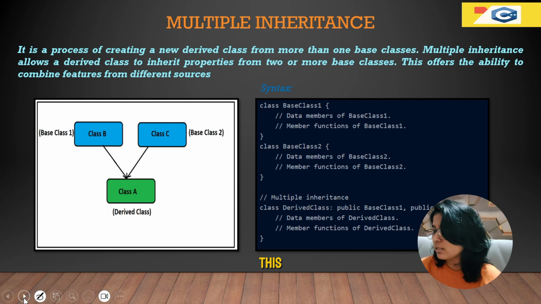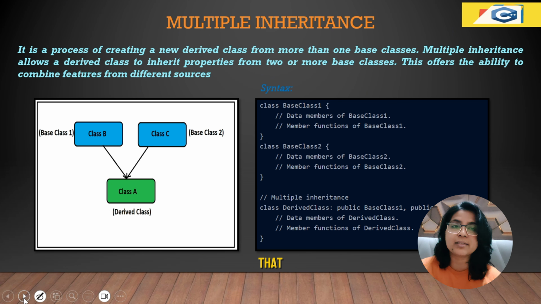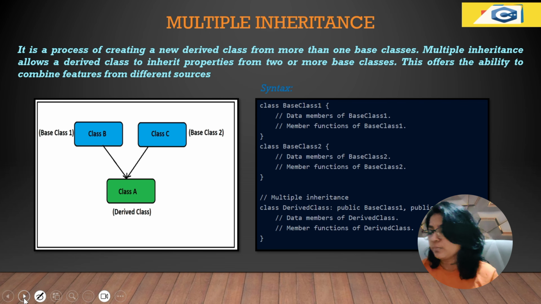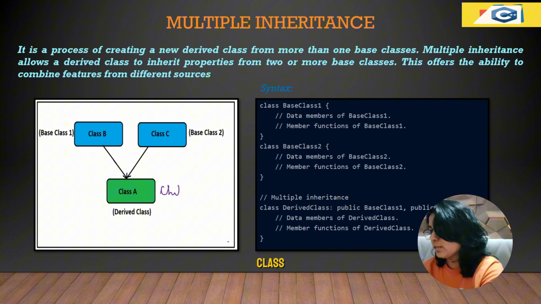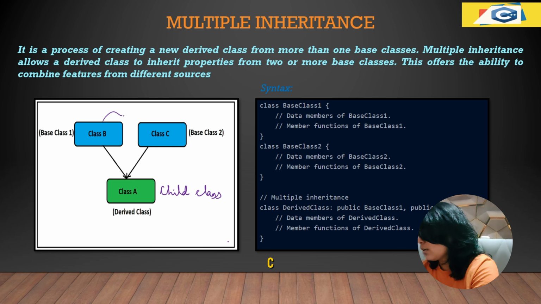In this image we have two base classes, class B and class C. From B and C class we have derived a new class, that is class A. So class A is nothing but a derived class which is also called a child class. B and C are also called parent classes.